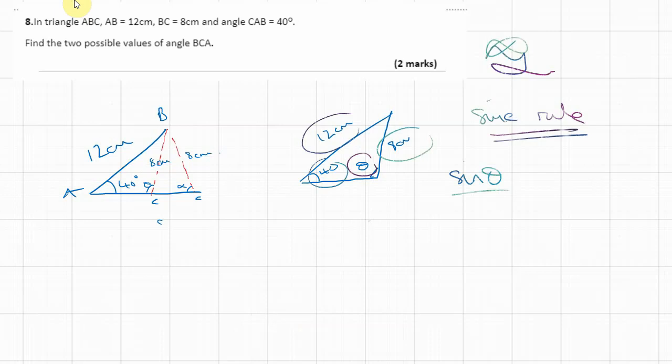So sine of theta over 12 equals sine of 40 over 8. So sine theta equals 12 sine 40 over 8.